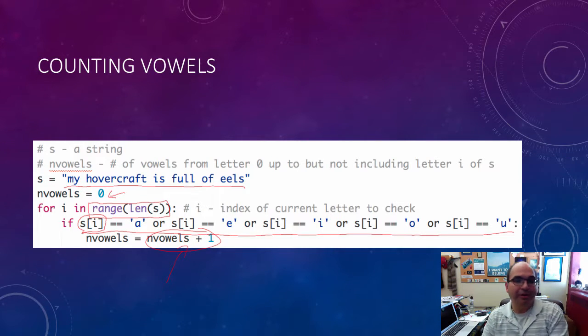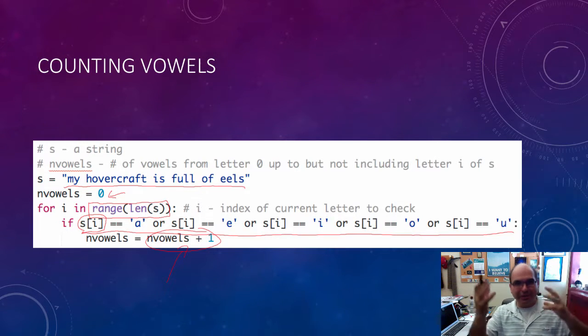The second time I will be 1 and S sub I will be the letter at position 1, which is actually the second letter, that's the Y, and so on. The very last time I will have the value that is the length of S minus 1. And when I do S sub I, what do I get? The very last letter, right? So S sub I, if you use this range-len combination, will actually go through each letter in the string.